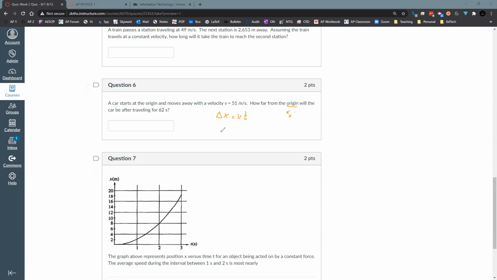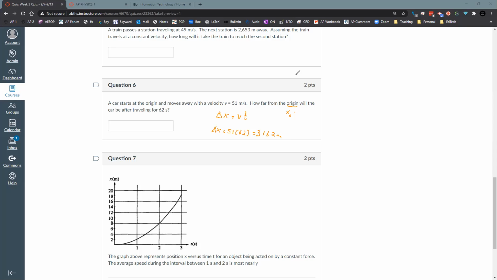Just do the same thing with your numbers to double check your answer. In this case, we are given a velocity of 51 meters per second and a time of 62 seconds. So that means the car will have traveled a total of 51 times 62, or 3,162 meters from the origin.